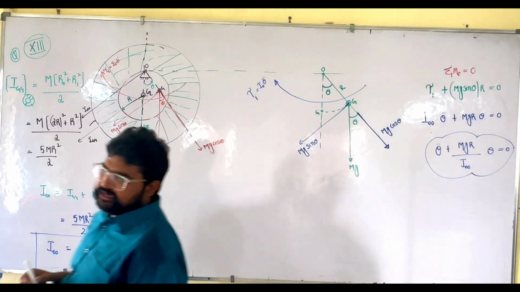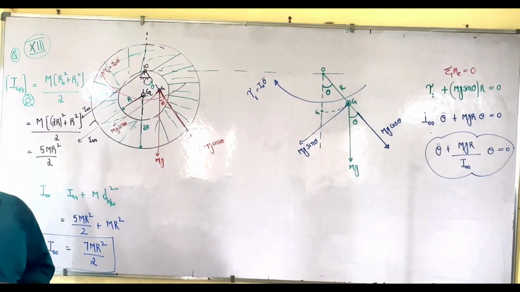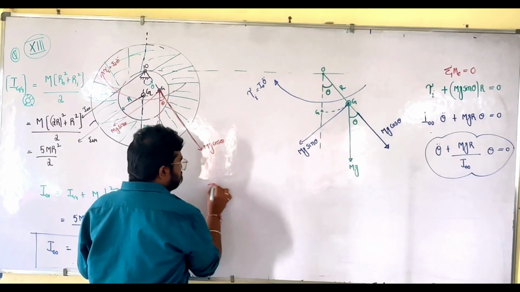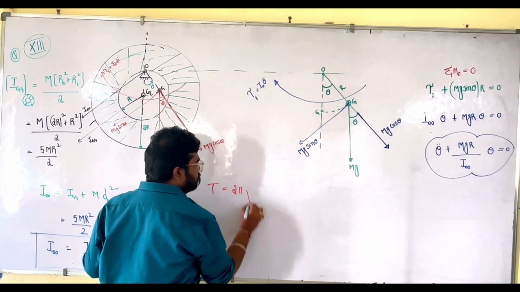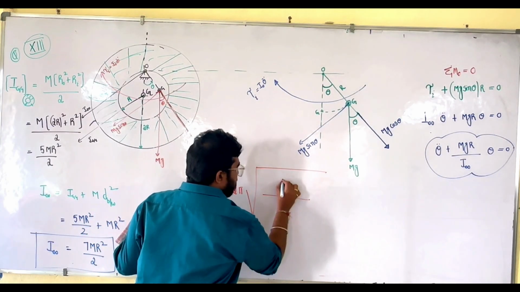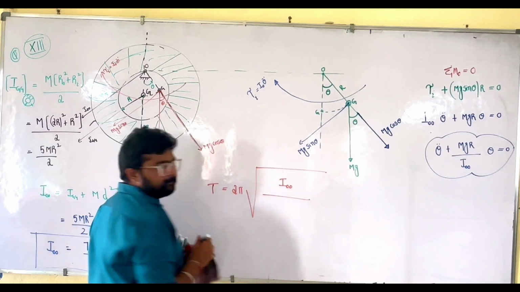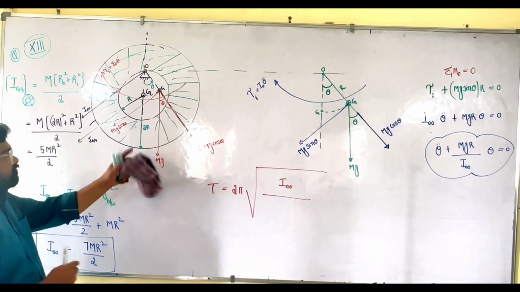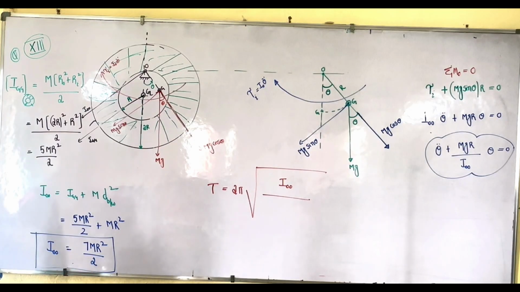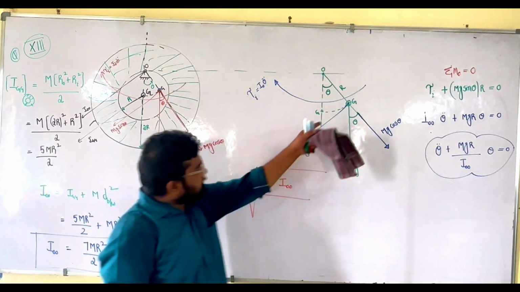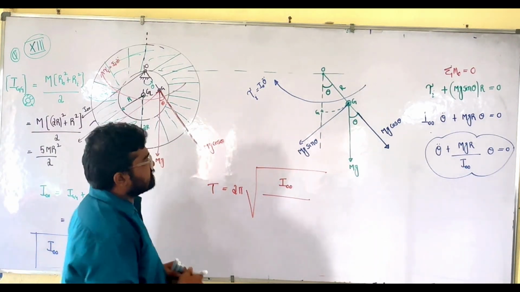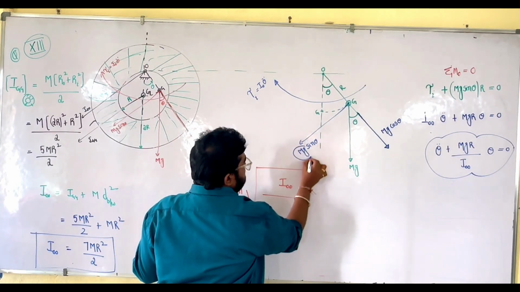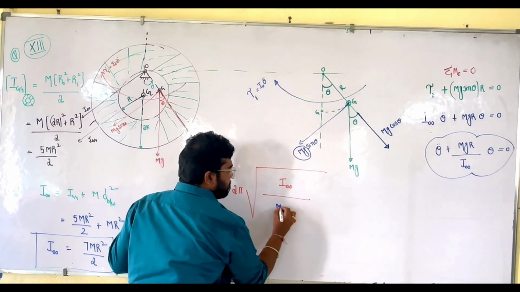Now, what is the short trick here? T equal to how much? 2 pi square root of I_O of the system by how much? Moment of weight about the pivot point. Weight acting downward, mg sin theta. What is the moment of weight? Mg into R only, na.